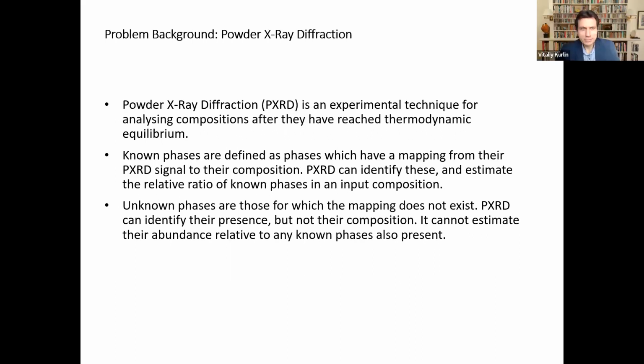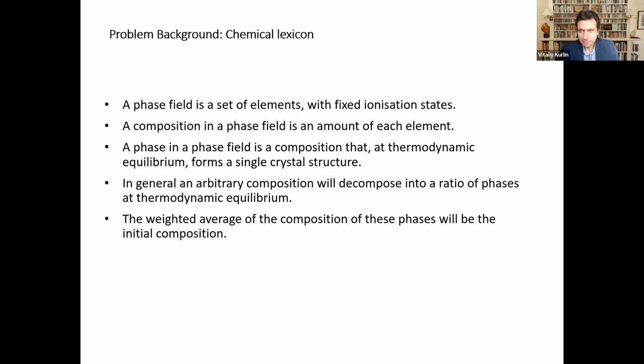Danny, could I ask a quick question on the previous slide? You said a phase should form a single crystal structure. Is it possible that one phase forms more than one crystal structure? Yeah, so these are known as polymorphs. I think the basic example is pure carbon, which can be diamond or graphite.